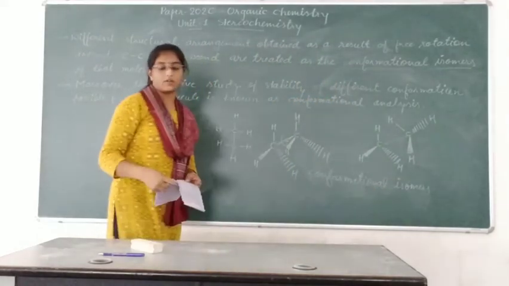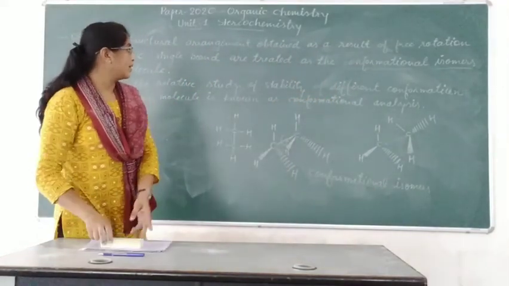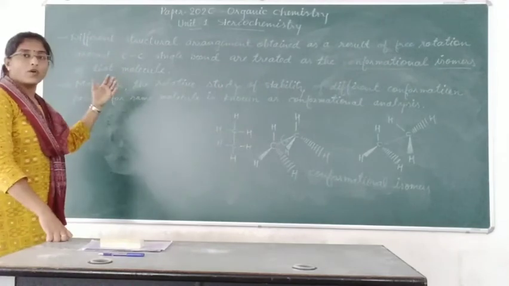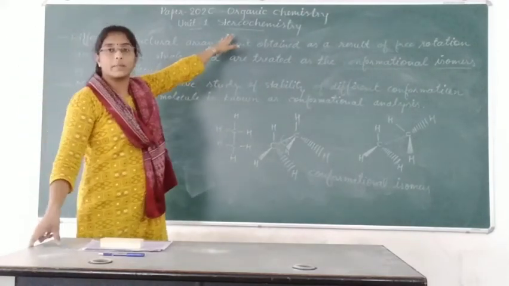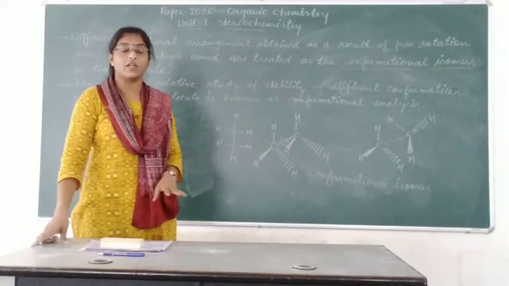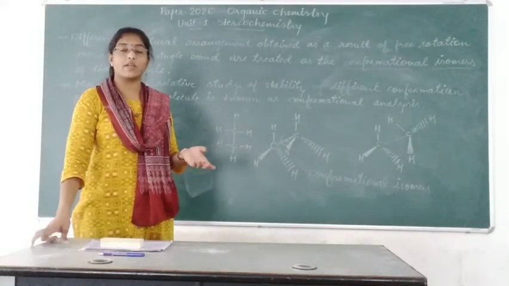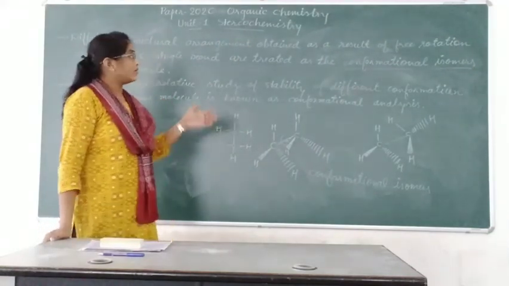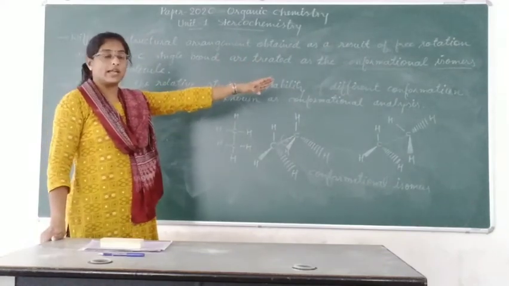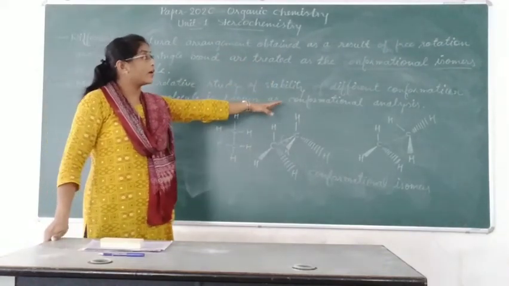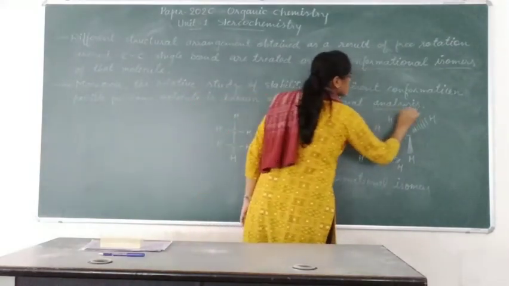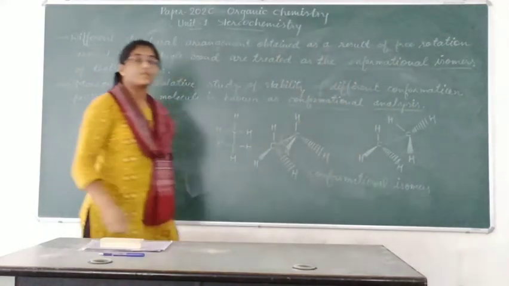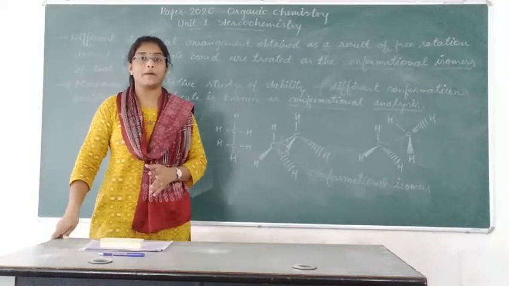So this is the introduction I told you in the starting: what is stereochemistry, what are stereoisomers, we have discussed all. Now here you can see conformational isomers and conformational analysis. It is very simple.